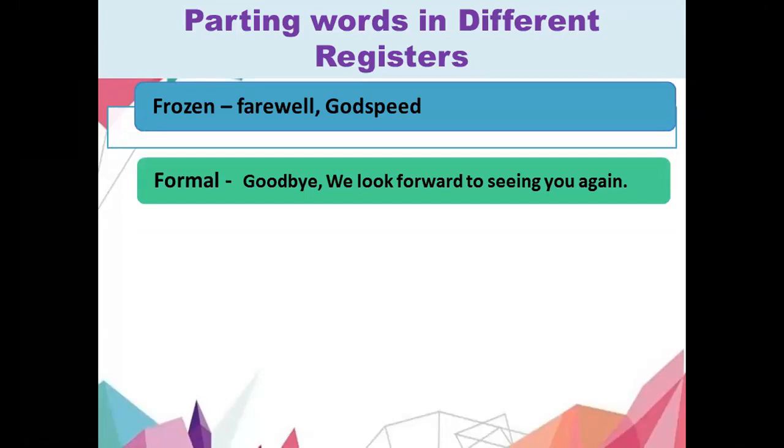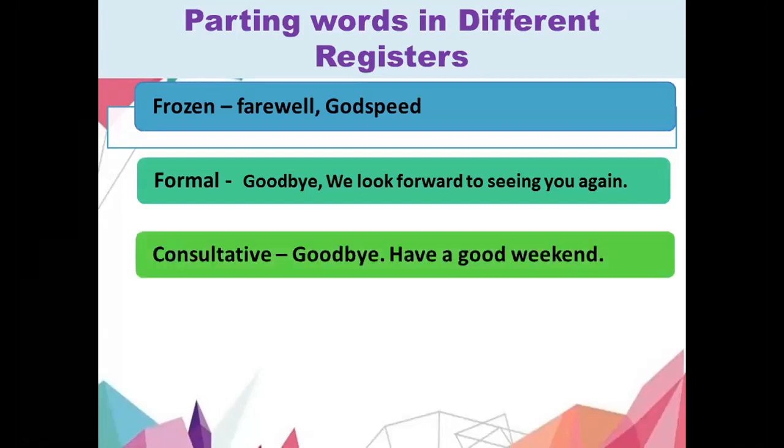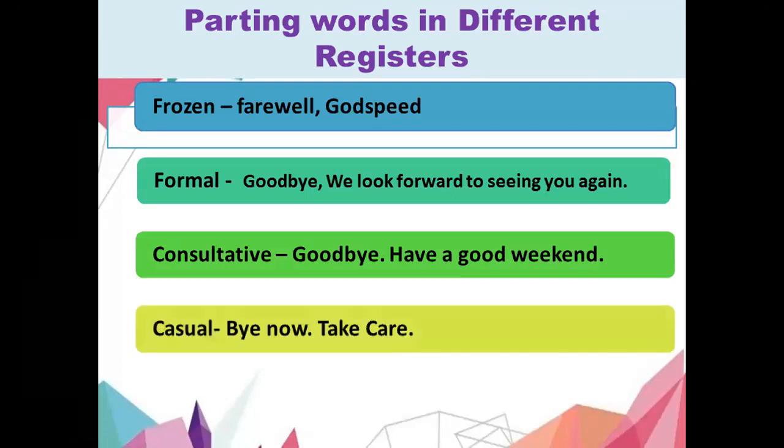This is more of a formal phrase that is used in a letter perhaps or in a conversation. If it is in a consultative language register, you will be using goodbye, have a good weekend. How about in casual, such as when you're talking to your friends, classmates, and colleagues? You could say, bye now, take care.